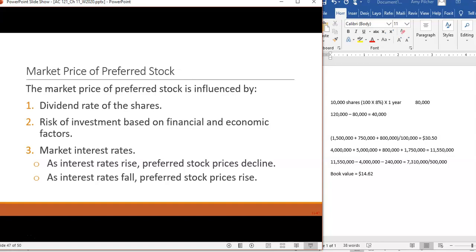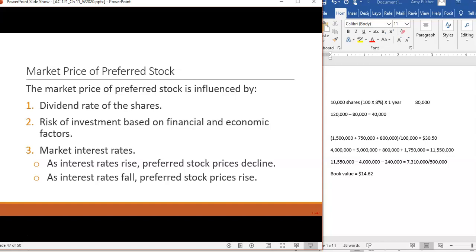The market price of preferred stock is influenced by a lot of different things. One of those is the dividend rate, so how much the company pays in dividends. People who purchase stock want to earn money on stock. There's also the risk of the investment based on financial and economic factors.